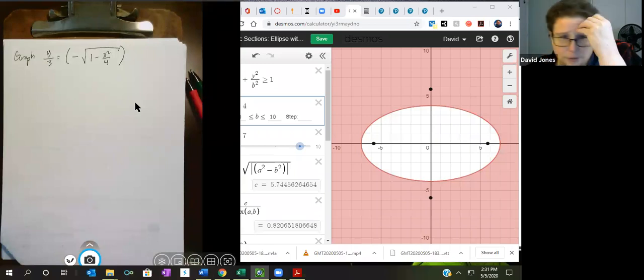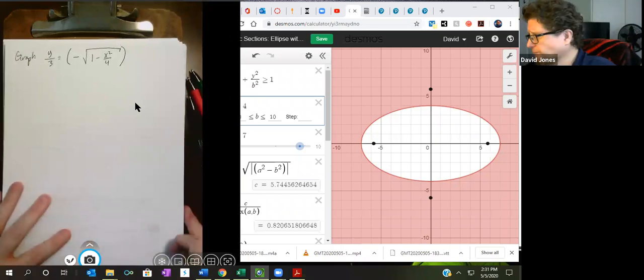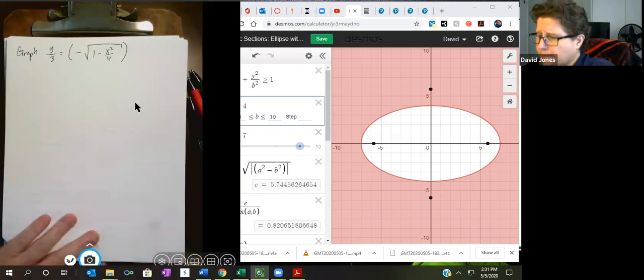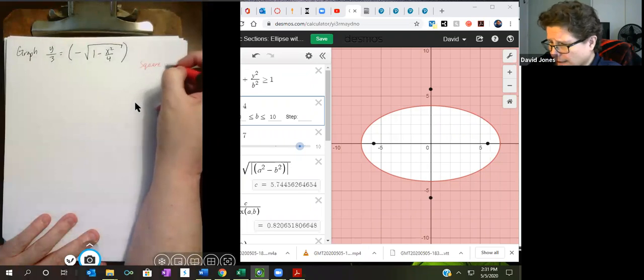What would you say we should do first? Any ideas? Maybe square it? That'll get rid of the square root.